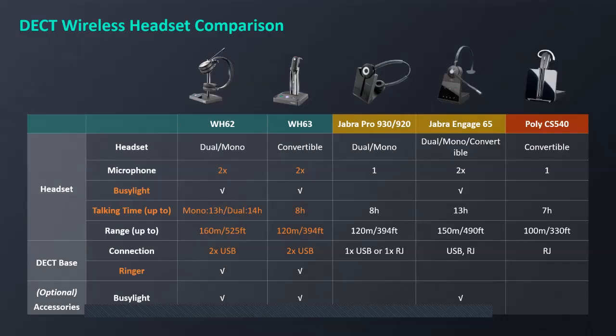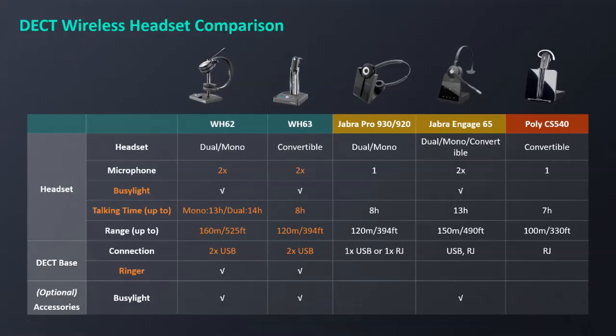So I think for the Plantronics CS540, our comparison model is WH32 here. And I think for the accessory, CS540 might be charged for the neck length and or for the neck band or for the handband.